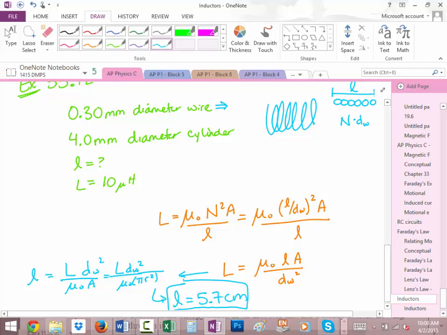I got 100 meters. My first answer was something like 18. What did you get, Logan? It was like 5.7 times 10 to the 11. What did you use for mu naught? Did you do Henrys times 10 to the negative 6?